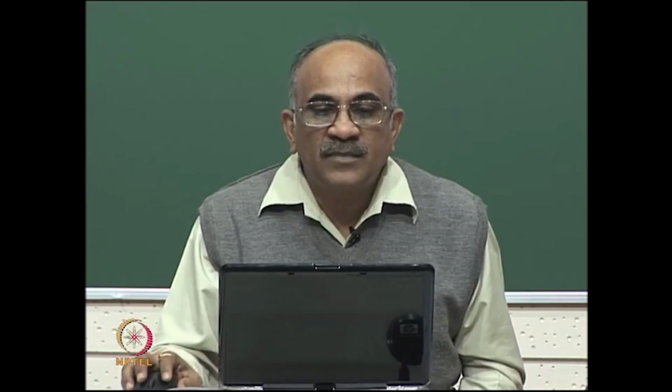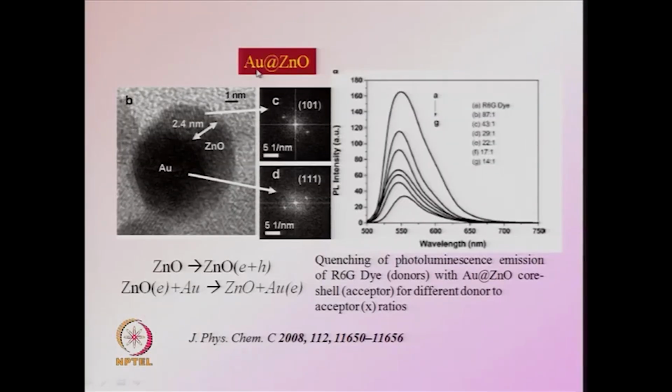Exactly similarly, here the metal gold gets the electron from the electron hole pair generated in the semiconductor which is zinc oxide, and the electron gets in the gold particle, and the hole is retained by the zinc oxide.